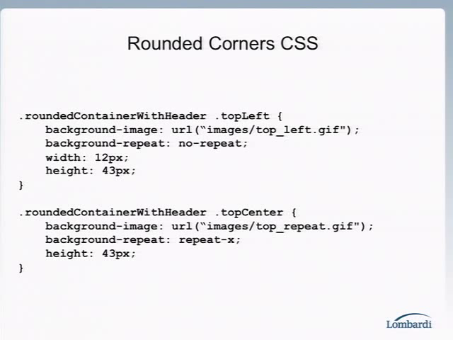And then here's the 2 bits of CSS that are going to give me the top left and the top center images. The point about this is really those 2 classes, top left and top center, are set on the DOM structure created by the GWT decorator panel.